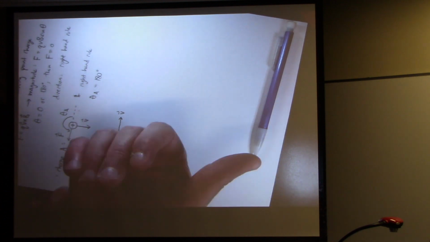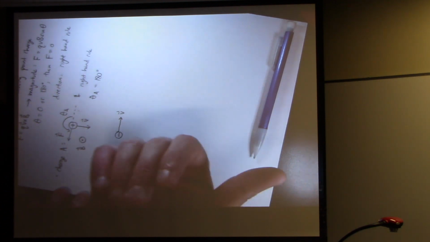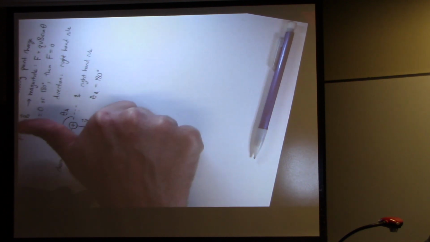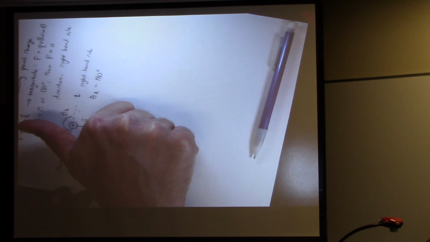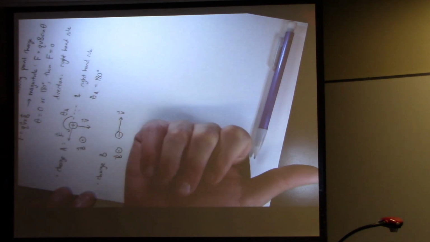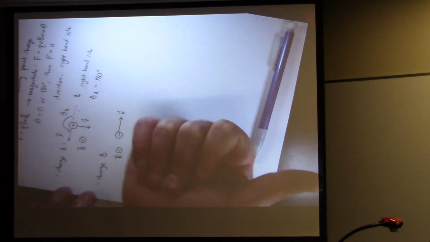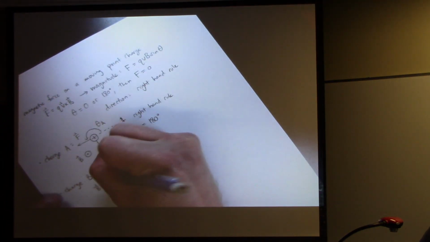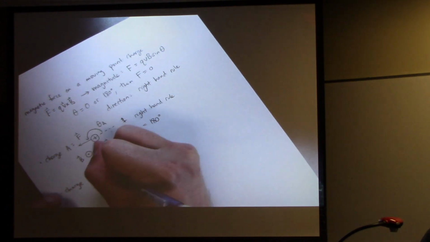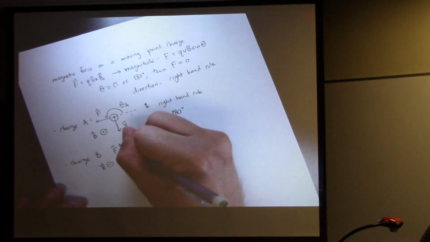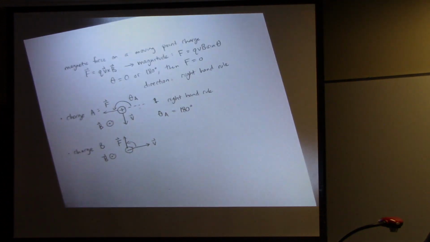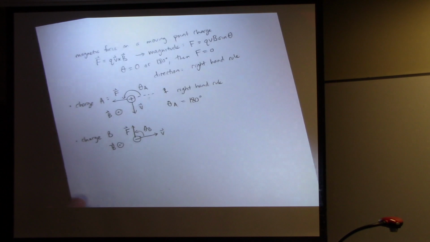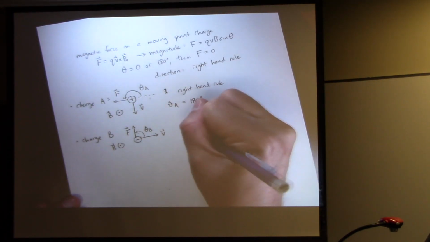Your thumb's going to be pointing down, like this, in the negative y direction. But it's a negative charge, so you have to flip that, it's going up. To reiterate, a positive charge would feel a force going this way. This negative charge feels a force going the other way. So the force is going up. And if I want the angle that that force makes with the positive x-axis, that'd be theta B here. Well, theta B is just 90 degrees.